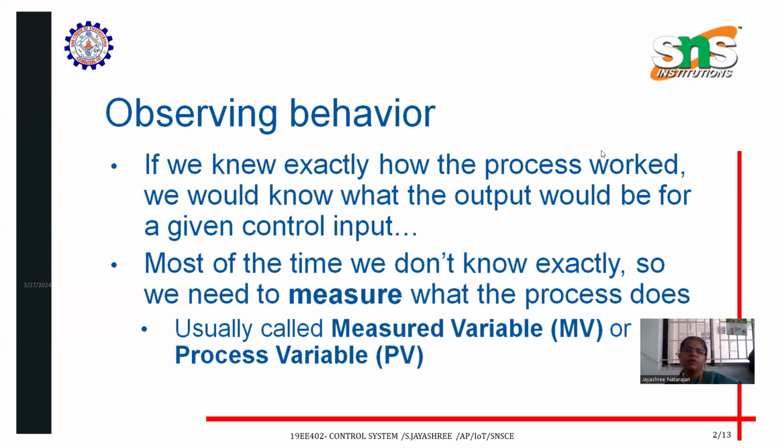Most of the time we cannot know exactly, so we need to measure what the process does, usually called measured variable MV or process variable PV, right? Measured variable is the actual value. For example, after increasing the control variable, what is the present temperature of the room? That is my measured variable.